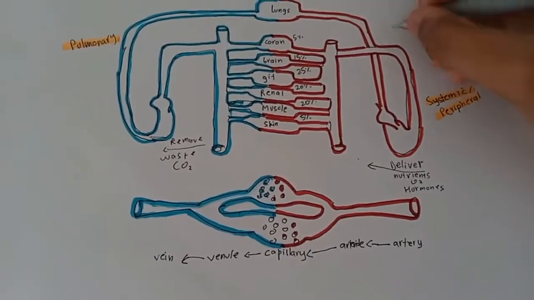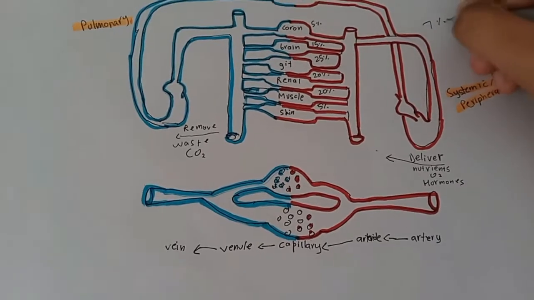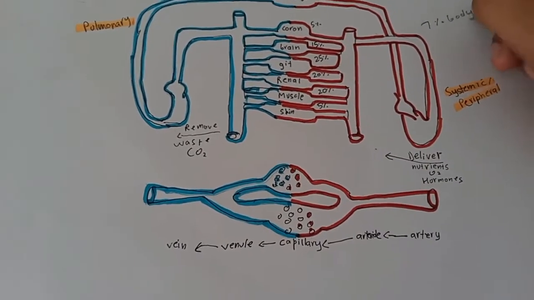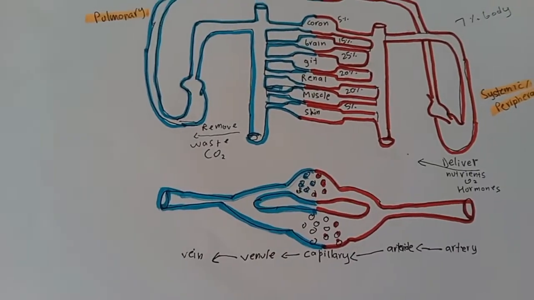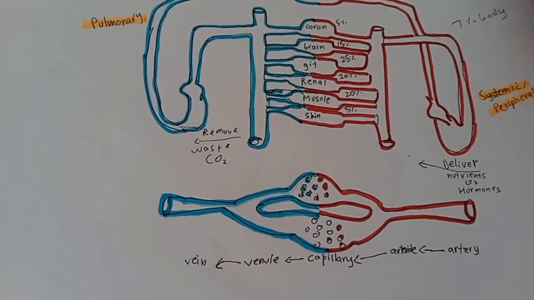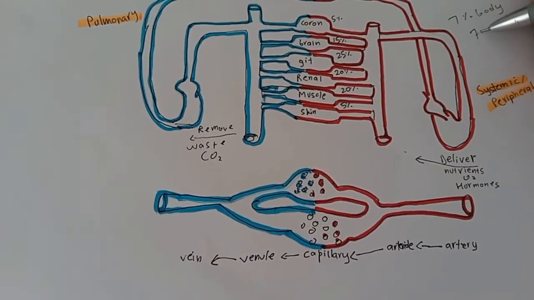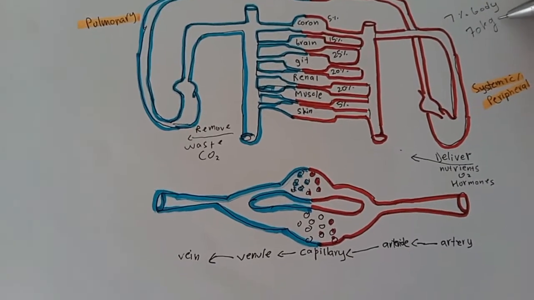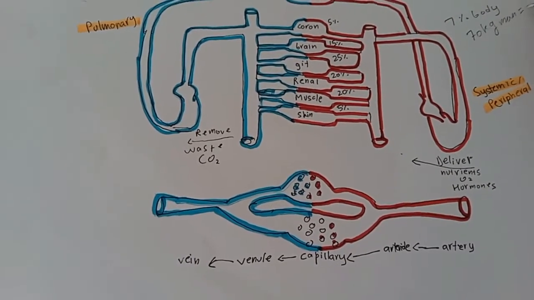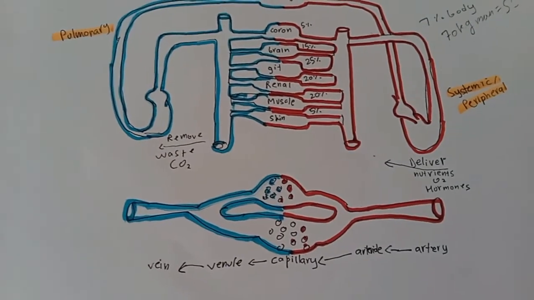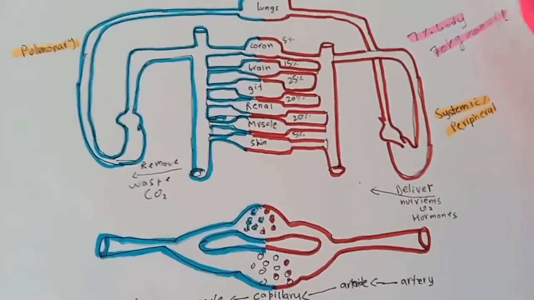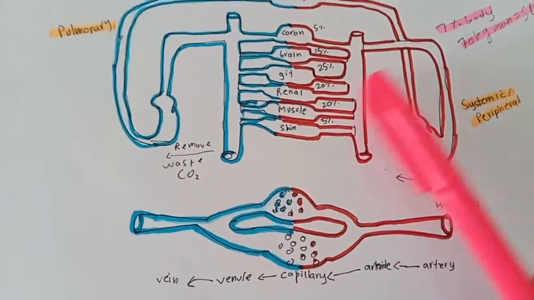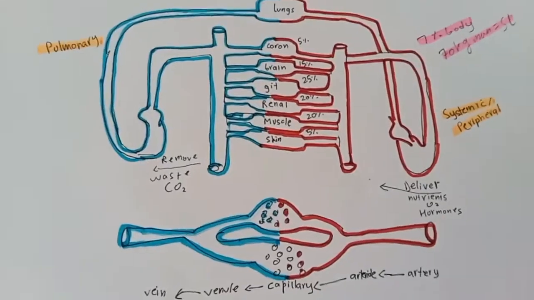So 7% of your body weight is the volume of your blood. For example, let's take a 70 kg man. He's going to have around 5 liters of blood in his body. So this 5 liters is going to be distributed into various tissues of your body.